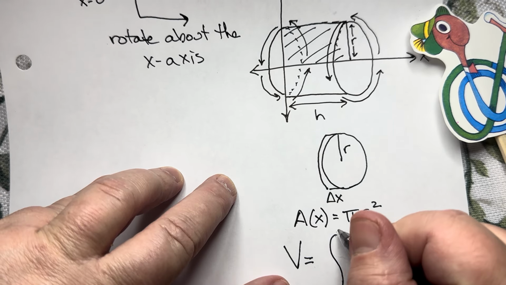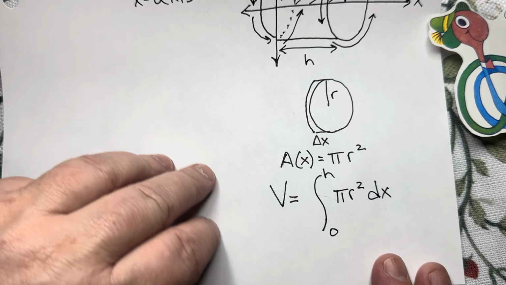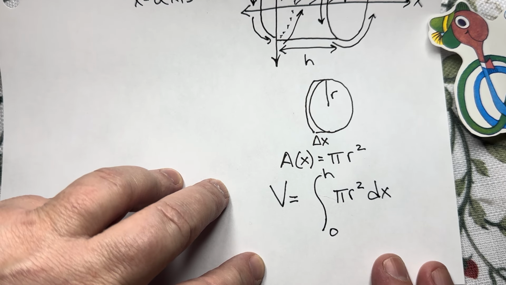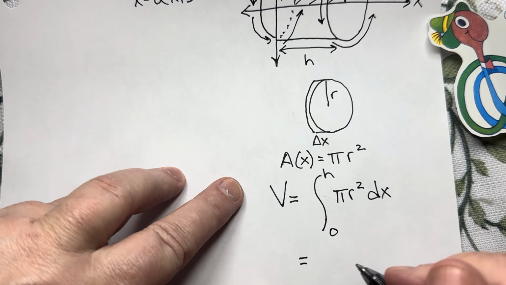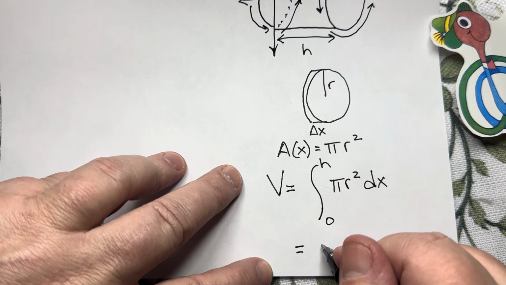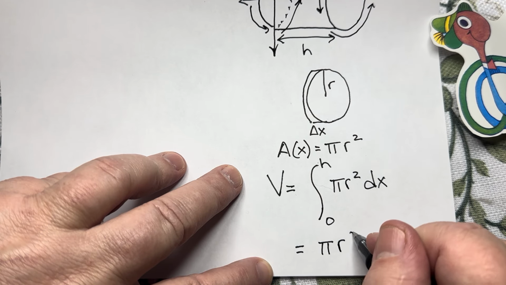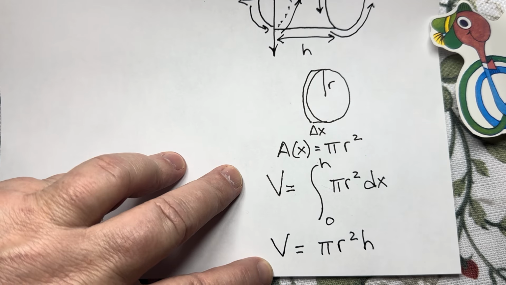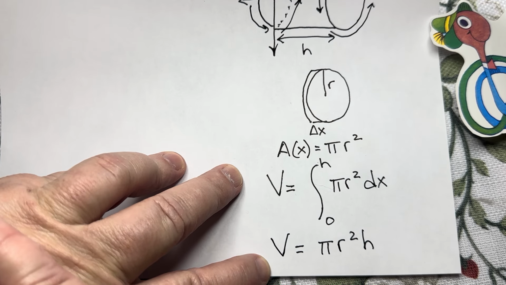And we go from 0 to h. This is exactly what we were doing in the previous video. So this is going to give us, or 2 videos ago, I guess, pi r squared h. It's a cylinder. So we got it.